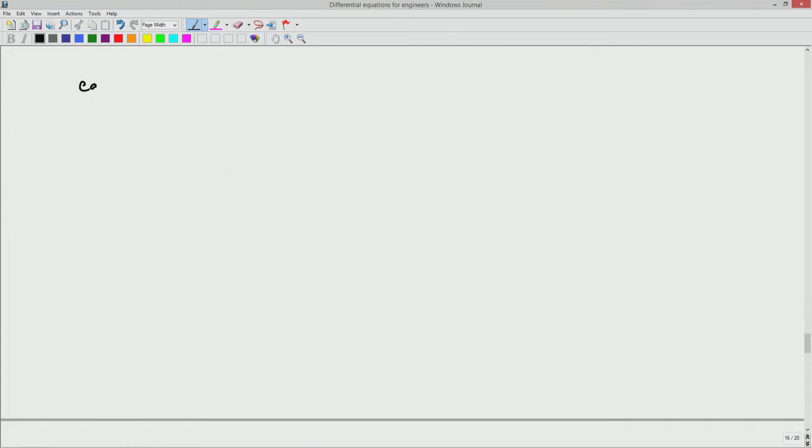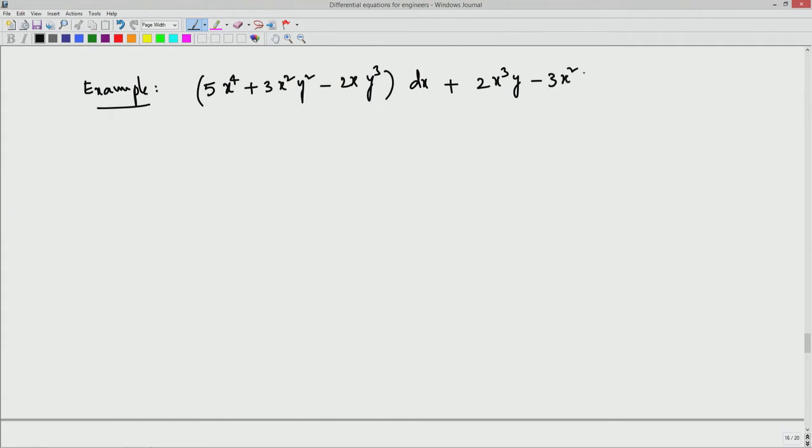Example. (5x^4 + 3x^2y^2 - 2xy^3) dx + (2x^3y - 3x^2y^2 - 5y^4) dy = 0.